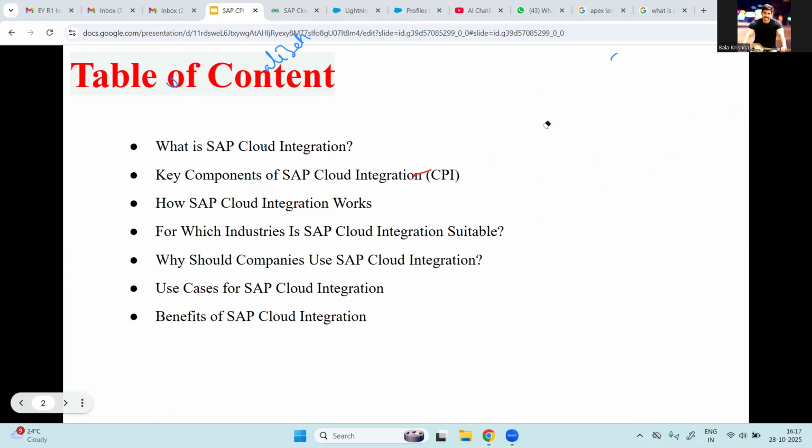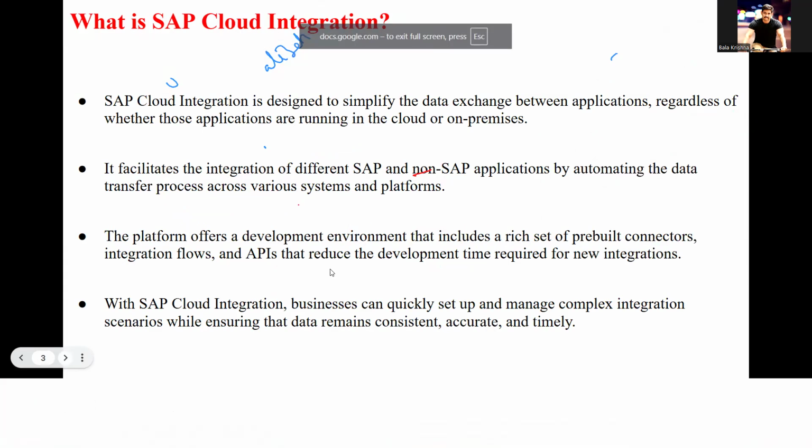Another one is use cases of SAP Cloud Integration and benefits of SAP Cloud Integration. These are the topics I want to discuss in this session. Okay, what is SAP Cloud Integration? Now I am moving to another slide. What is SAP Cloud Integration?